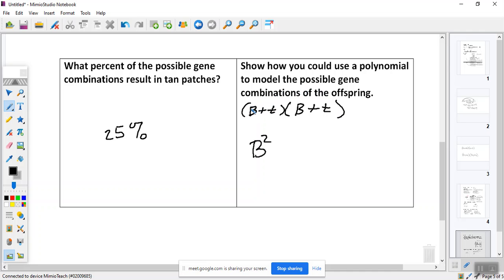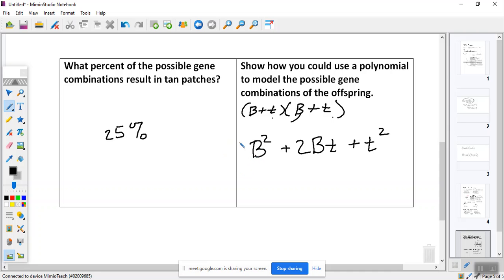Well, it would be B times T, right? But how many BT's are we going to have, kids? And then finally, plus what on the end, kids? You could write it out like that if you wanted to.